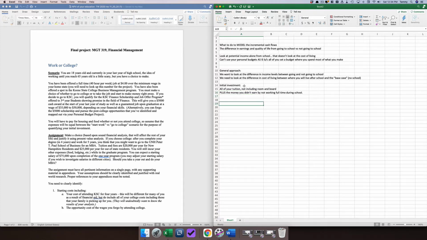Your incremental cash flows. So the calculations for the incremental cash flows. Okay. So we need to figure out the difference. First, figure out your base case. That is, no school. Figure out your base case cash flows for all 40 years.